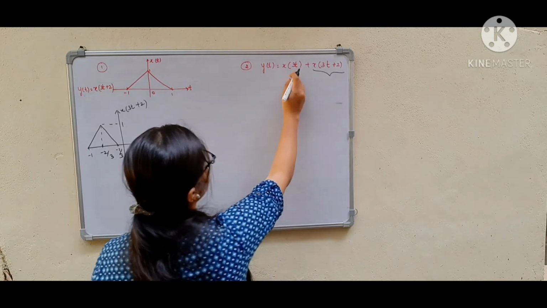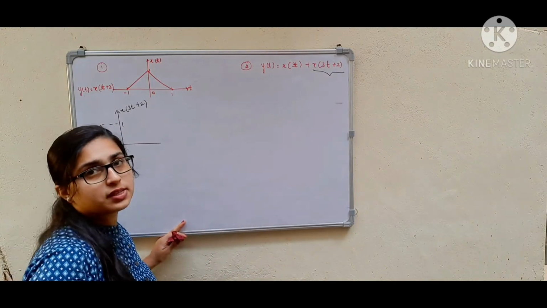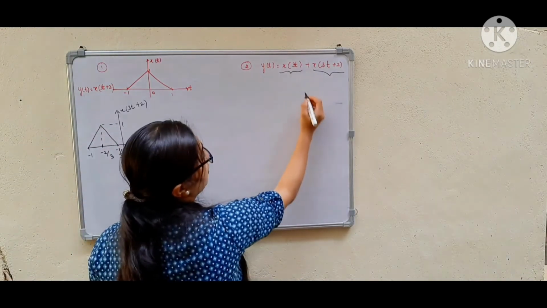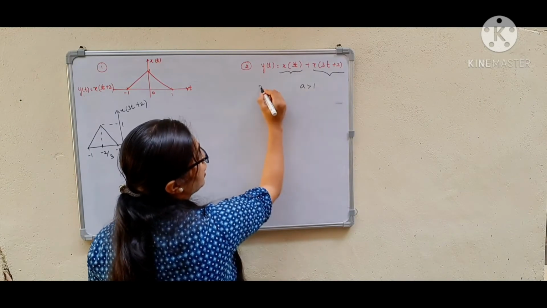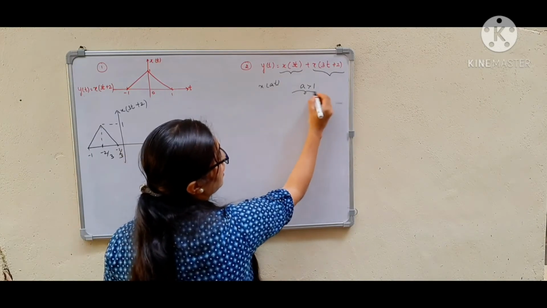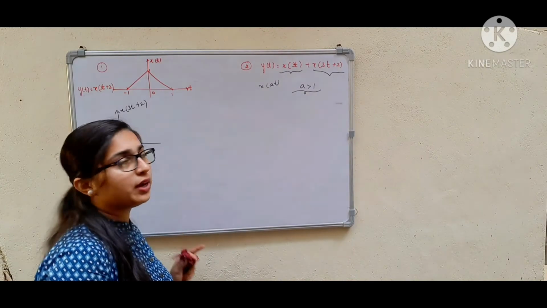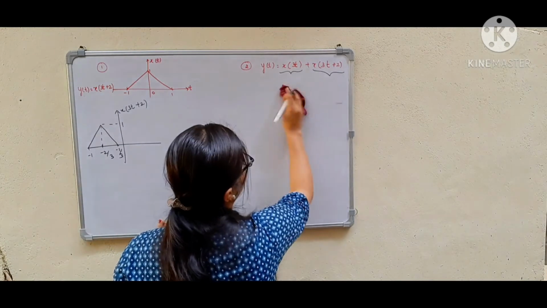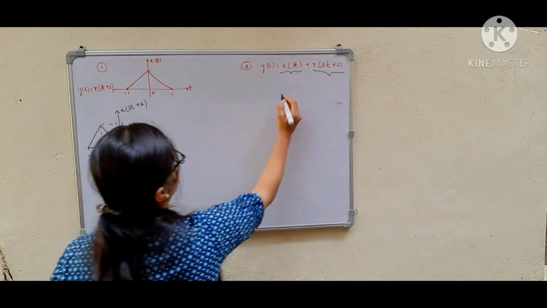X of 3t means the compressed version of this signal x of t. Okay, because a is greater than 1 here, x of t at a greater than 1. That means I am going to get the compressed version. So it should be divided by 3.